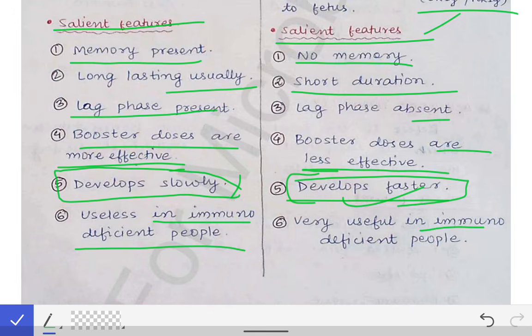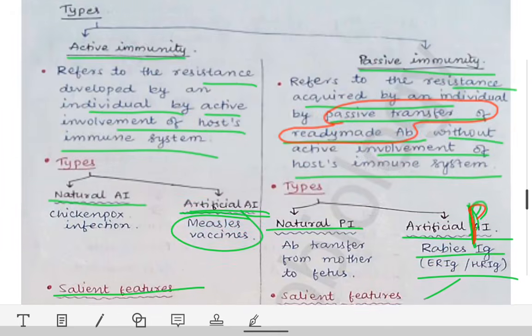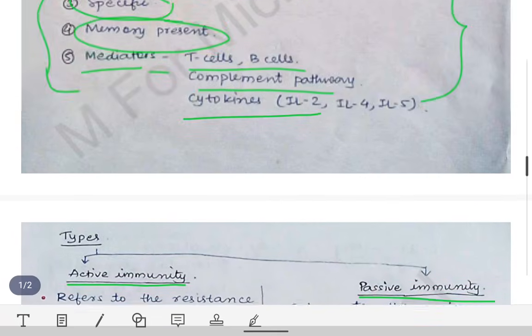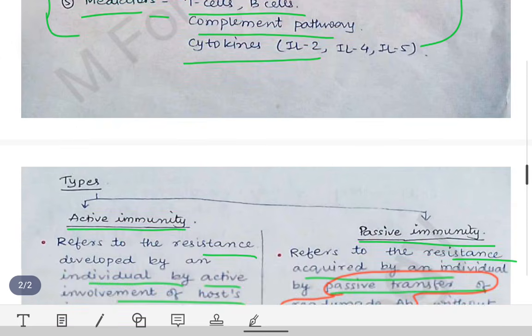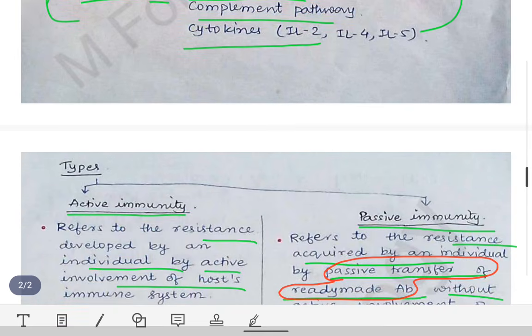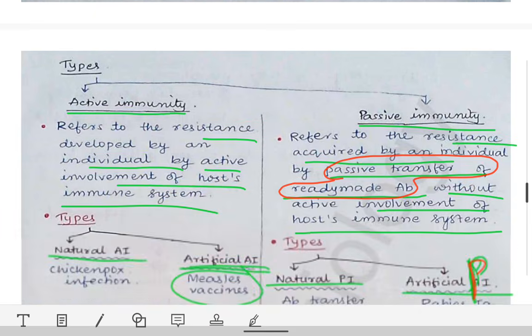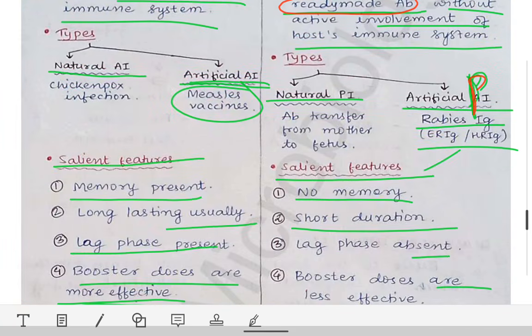Okay, so that's the difference between the active immunity and the passive immunity, and the different salient features of the two. If someone asks you to write a short note on the active immunity, then you have to start with the acquired immunity. That acquired immunity is further classified into the active and the passive, and then you write about the active immunity: the definition, the types, and the salient features.